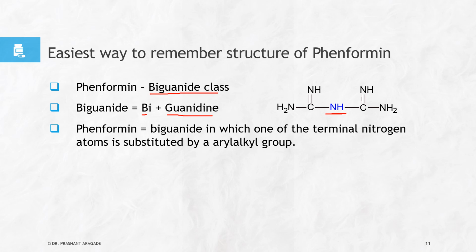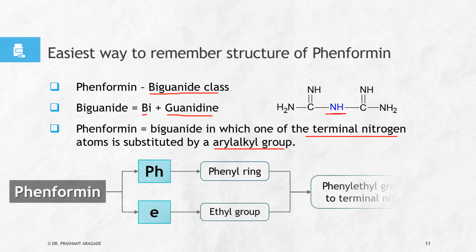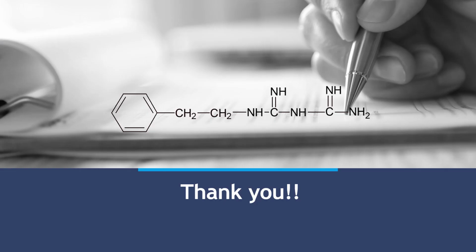Fenformin is a biguanide derivative in which one of the terminal nitrogen atoms is substituted by an aryl alkyl group, and from the name itself you get an idea about the group: Ph stands for phenyl, E stands for ethyl. So the phenylethyl group is attached to the terminal nitrogen atom. This is how you can remember the chemical structure of fenformin.